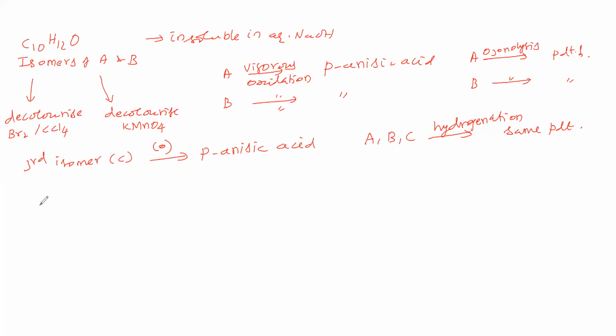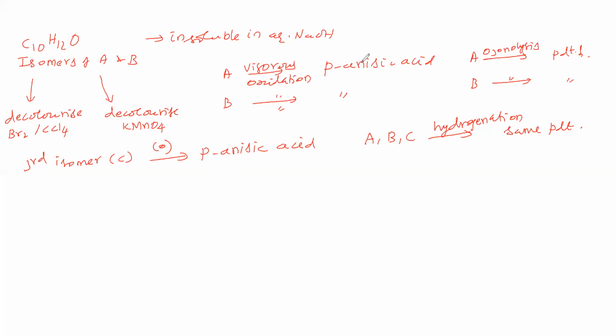Take the formula CnH2n+1, substitute n equal to 10, H comes to 21. But how many H are there? 12, much less. If the number of hydrogens is much less compared to this formula, then the possibility of a phenyl ring is there.